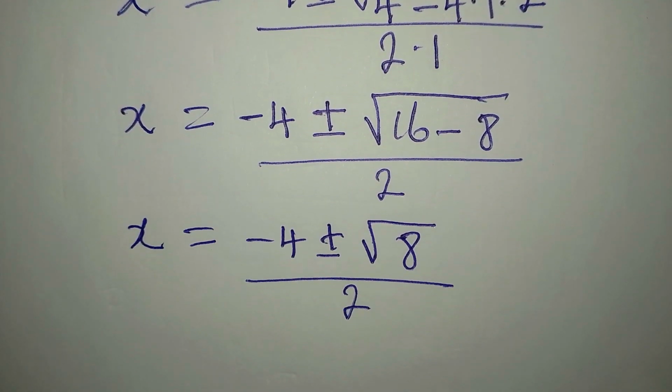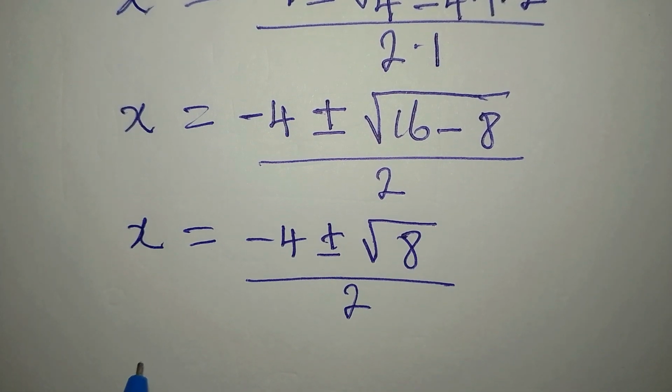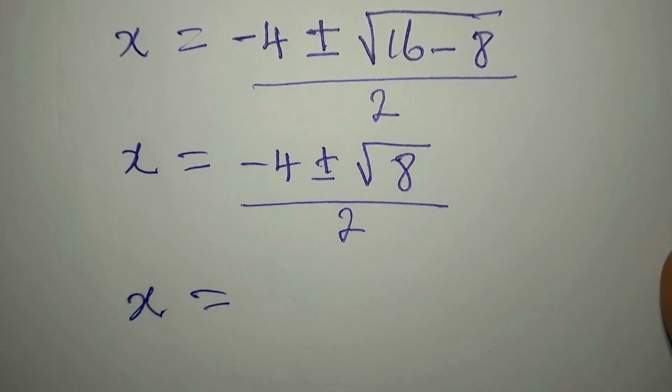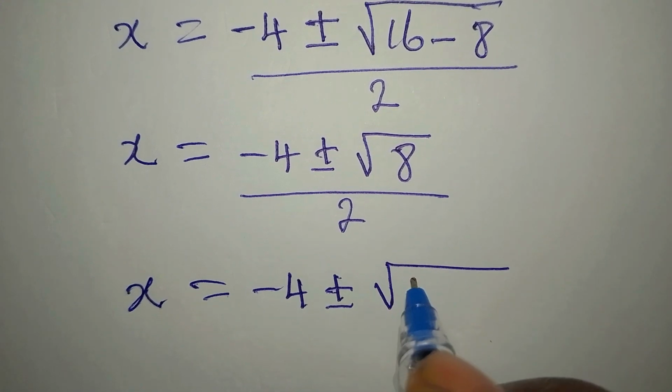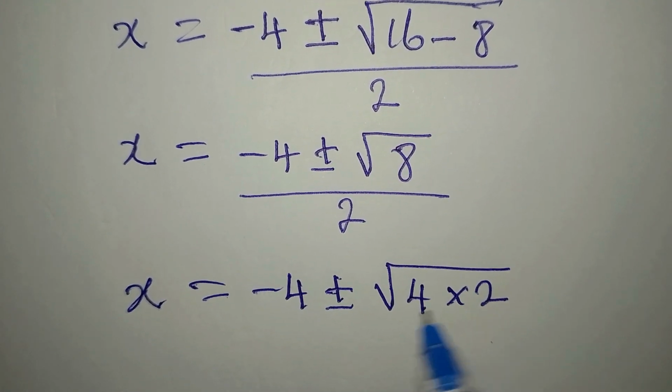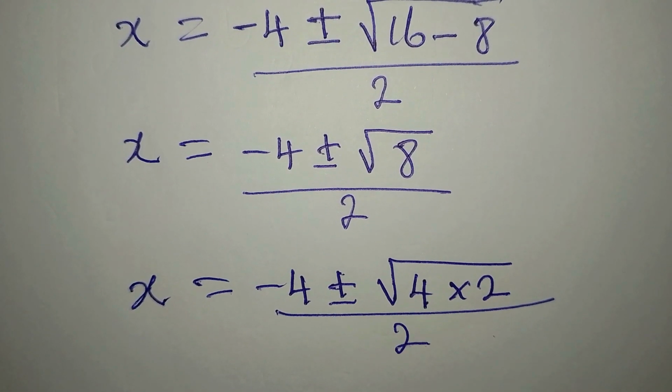Do not divide this yet, because we can break this root 8 into simpler terms. So x will be -4 ± √(4 times 2), and we divide by 2.